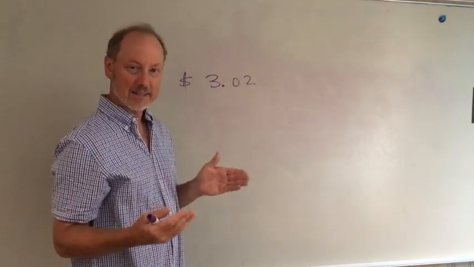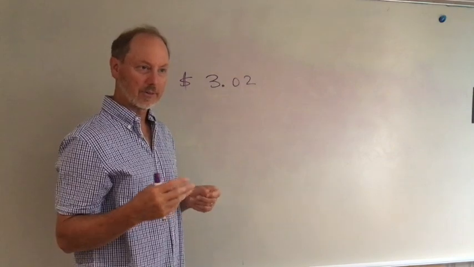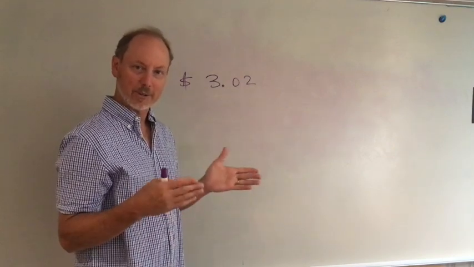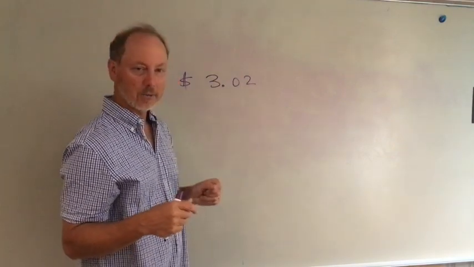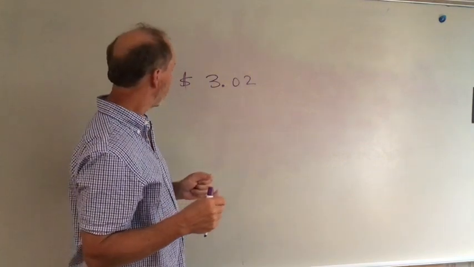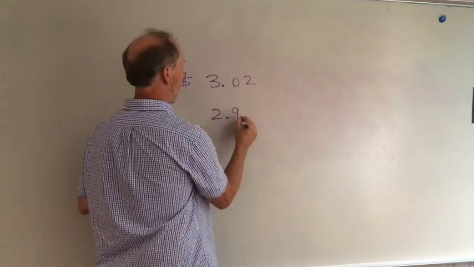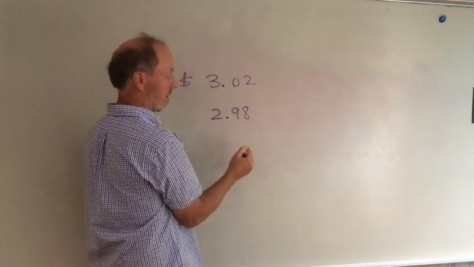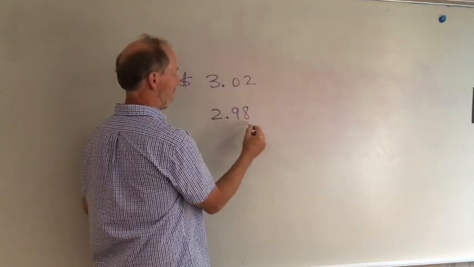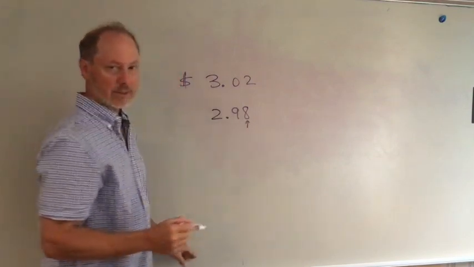Well, a cent is 100th of a dollar. You've heard of centimeters. A centimeter is 100th of a meter. A cent's 100th of a dollar. Okay? So if you had $2.98, that would be 2 and 98 hundredths.